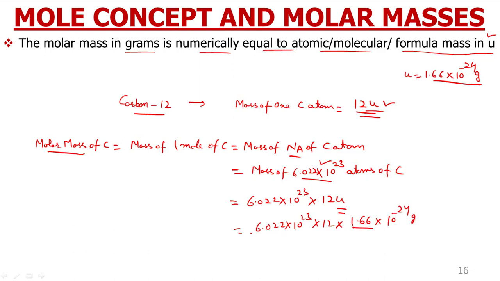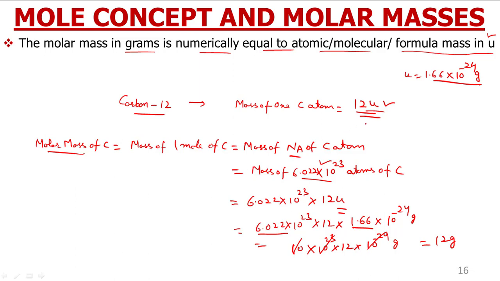Now 1.66 into 6.022 is approximately 10, so 10 into 10 raised to power 23 into 12 into 10 raised to power minus 24 grams. Now 10 raised to power 23 into 10 raised to the power 1 is 10 raised to power 24. So these get cancelled with the 10 raised to power minus 24. So we have 12 gram.